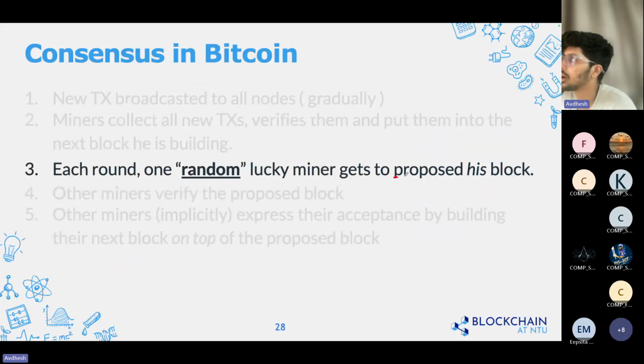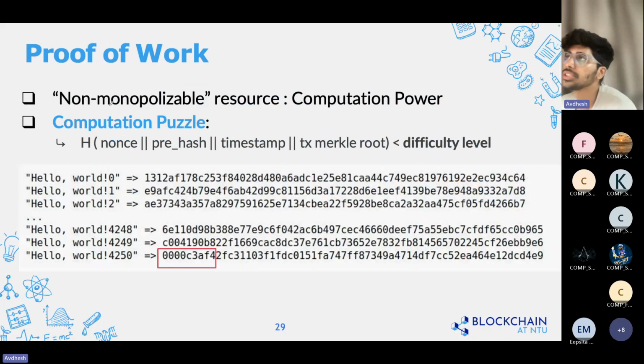That is what we say when he proposes a new block. And how does he do it? There is something called computational power, which is used here to verify and append the block. There is a computational puzzle that you solve, right?